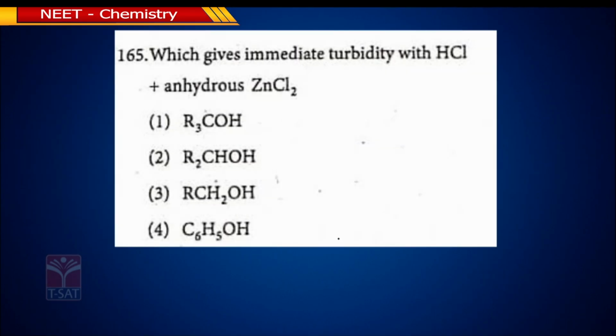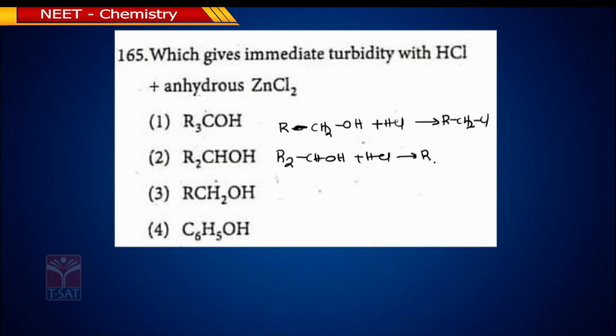And next, coming to the question which gives immediate turbidity with HCl and anhydrous ZnCl2. So generally alcohols react with HCl: RCH2OH plus HCl in the presence of ZnCl2 will give RCH2Cl. Again, R2CHOH reacts with HCl and forms R2CHCl, and also R3COH reacts with HCl and forms R3CCl.